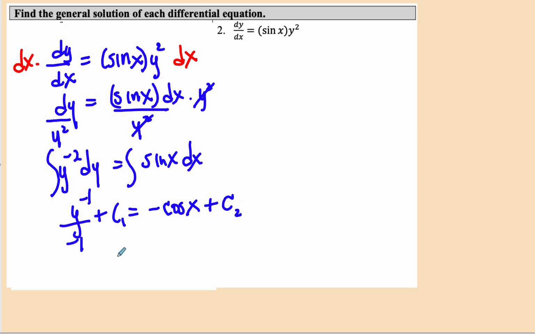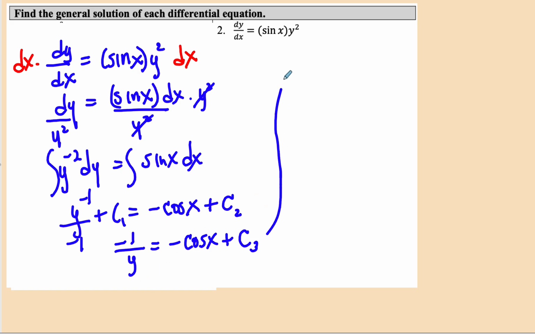All right, now I'm going to take that c to the other side. So this will be -1 over y equals negative cosine x. And then when I take this to the other side, it'll be c sub 3. And I'm going to multiply everything through by -1.